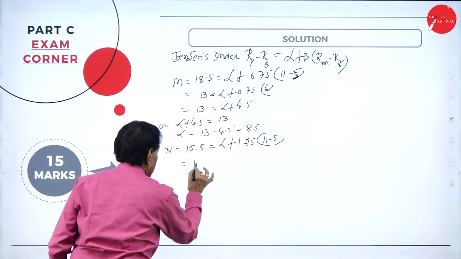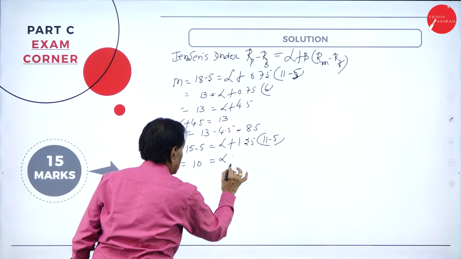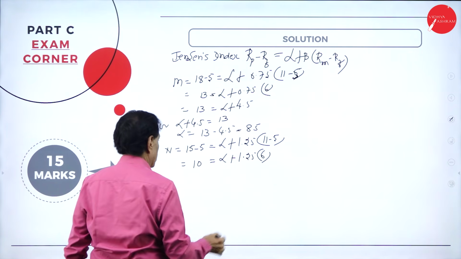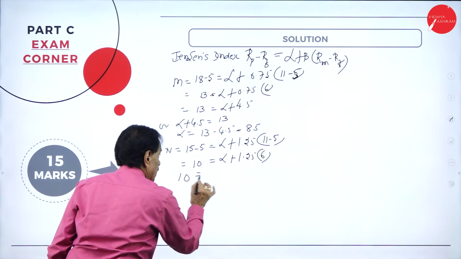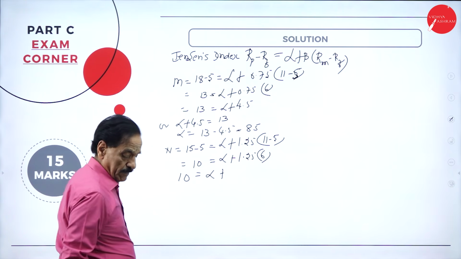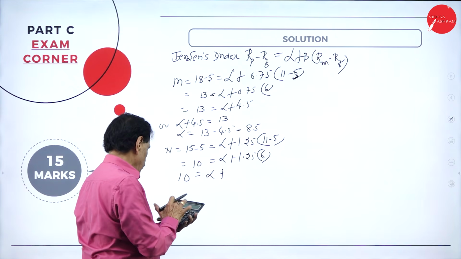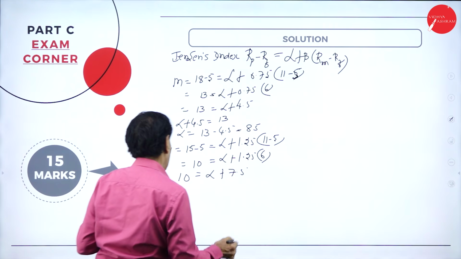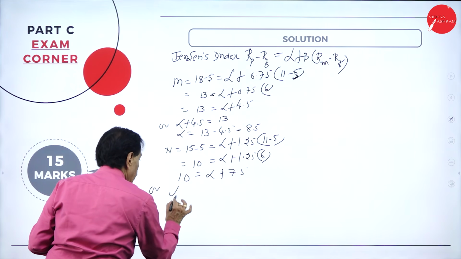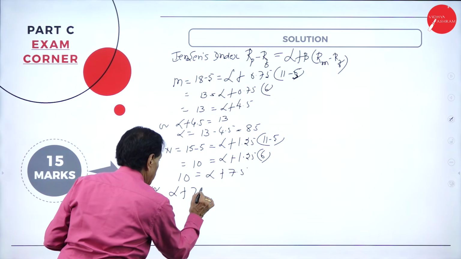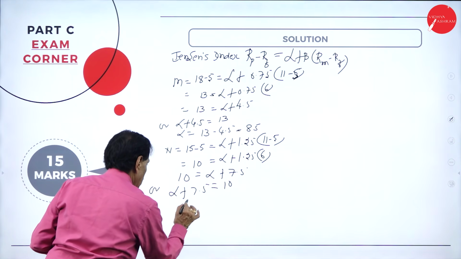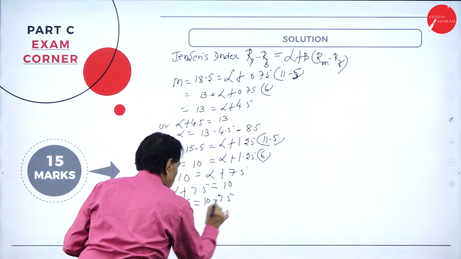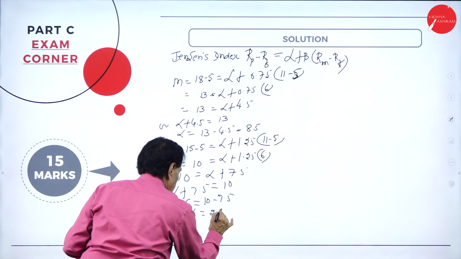This is 10 equals alpha plus 1.25 into 6, which is 7.5. Alpha plus 7.5 is equal to 10. Alpha is equal to 10 minus 7.5. Alpha is 2.5.